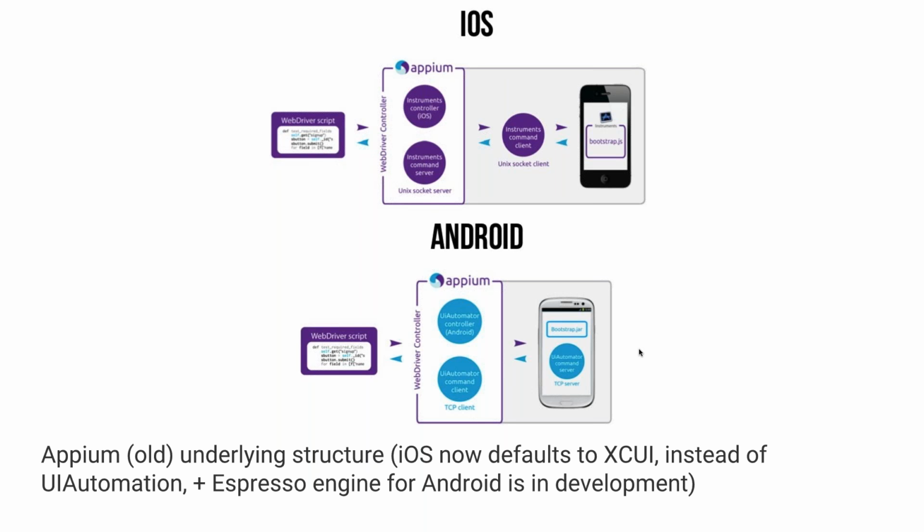Xcode 7 added XUI tests, and eventually Apple announced they would deprecate UI automation, so Appium now also supports the XUI test type of automation. We'll get to that later. For Android, the pattern is still the same, though a device and automation engine for Espresso is being developed as well.